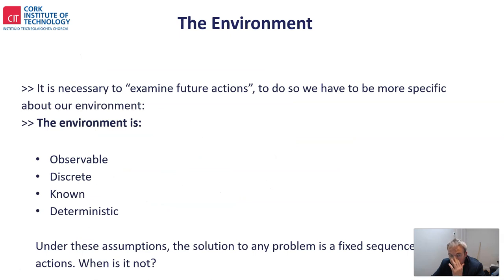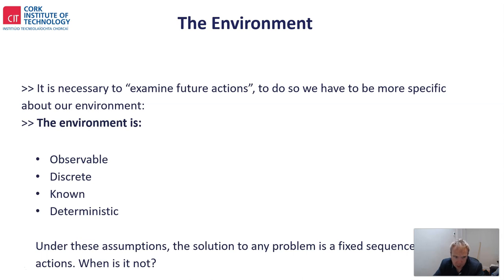Okay, so the environment. Because it's necessary to examine our future actions, we have to be more specific about our actual environment. So we say that our environment is observable, it's discrete, it's known, and it's deterministic. It's observable in that the agent always knows the current state.